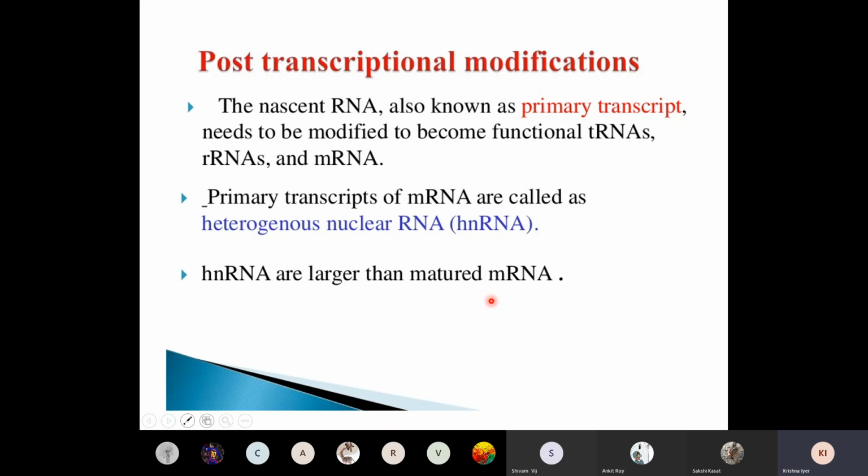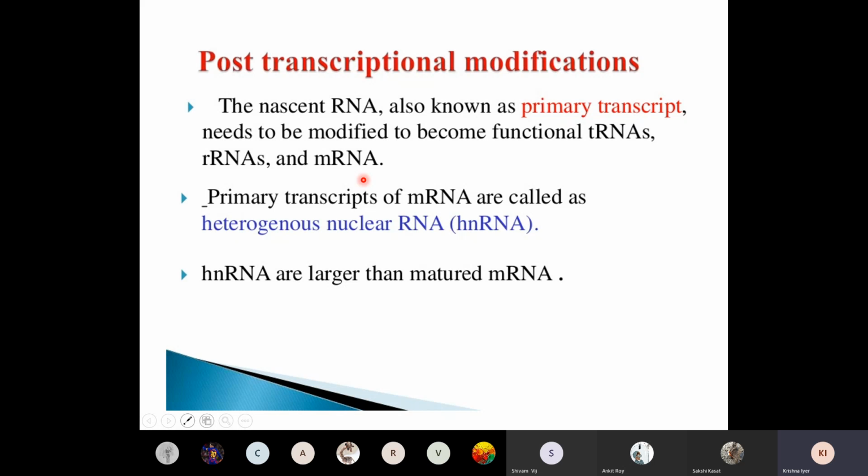Now, please remember that in prokaryotes also you have post-transcriptional modification. But in prokaryotes, the post-transcriptional modifications are reserved to generation of only tRNAs and rRNAs and not for generation of mRNA. So that is a big difference.